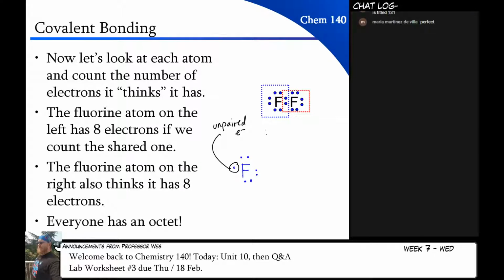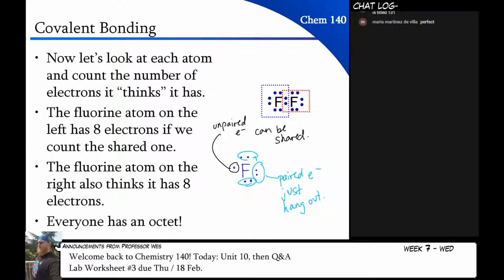Unpaired electrons can be shared. What about the paired electrons, though? Well, they just hang out. Paired electrons don't do anything.